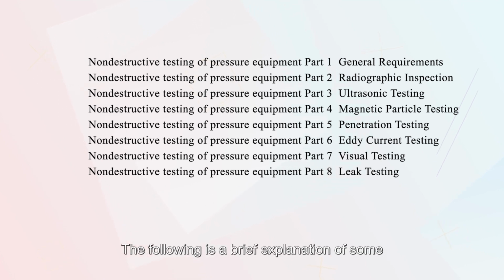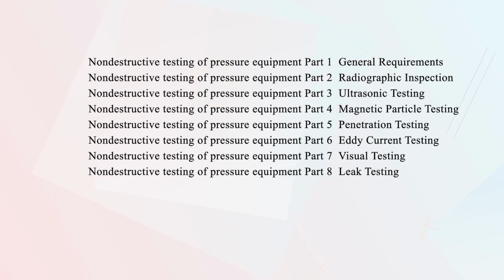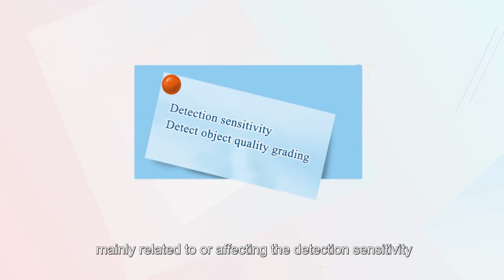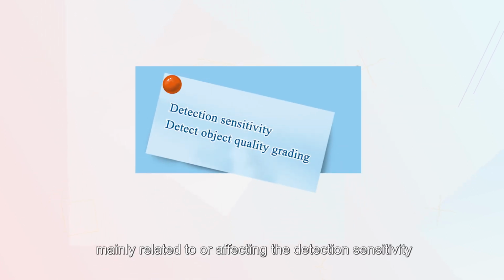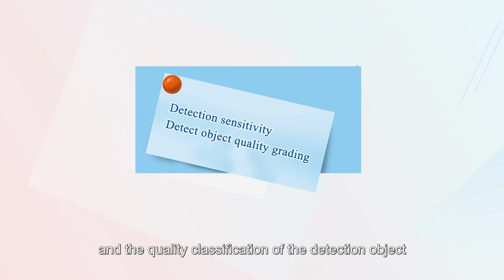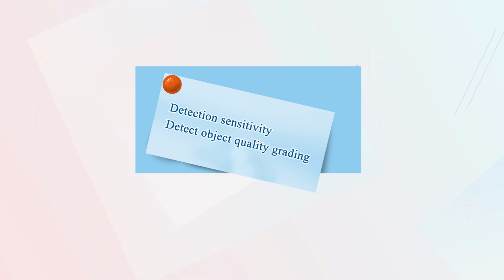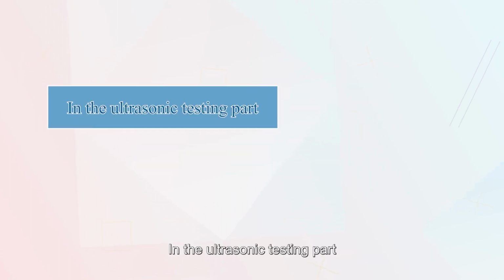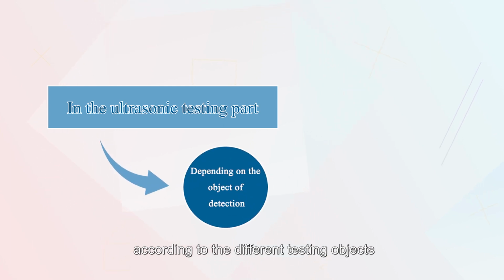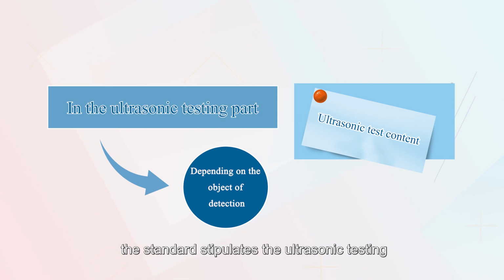The following is a brief explanation of some of the key contents directly related to ultrasonic testing, mainly related to or affecting the detection sensitivity and the quality classification of the detection object. In the ultrasonic testing part, according to the different testing objects, the standard stipulates the ultrasonic testing content of raw materials and their parts.